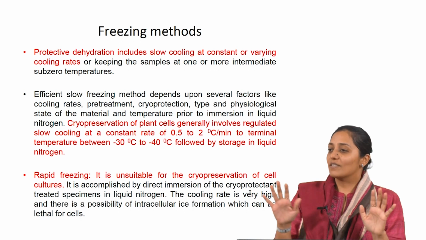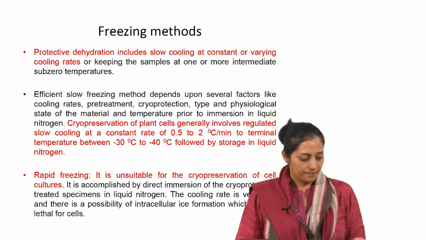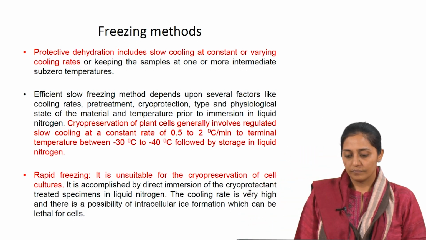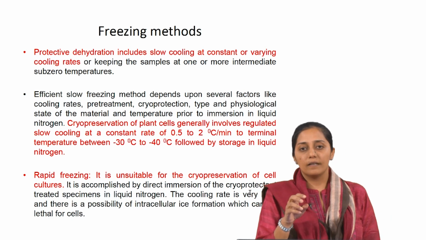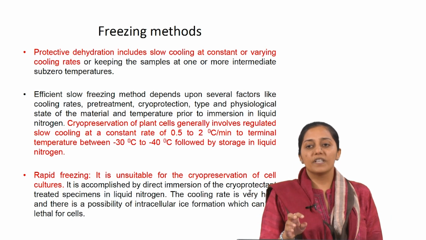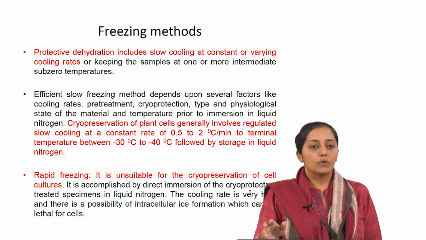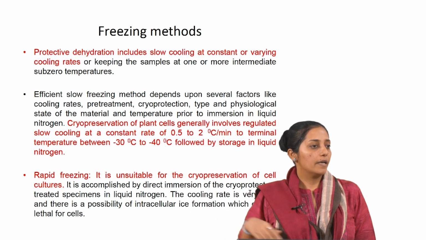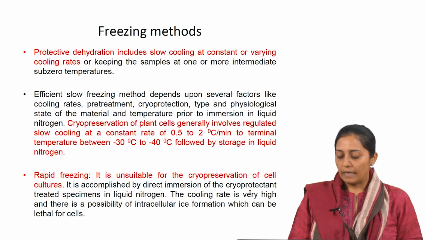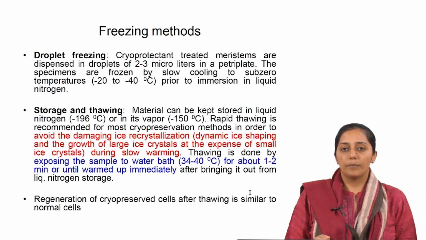That is what is recommended to prevent recrystallization of ice. Generally, for plant cells, cooling is done at a constant rate of 0.5 to 2 degrees C, and at this rate it is slowly brought down to some intermediate temperature before it is immersed in liquid nitrogen, and then rapid thawing is recommended.